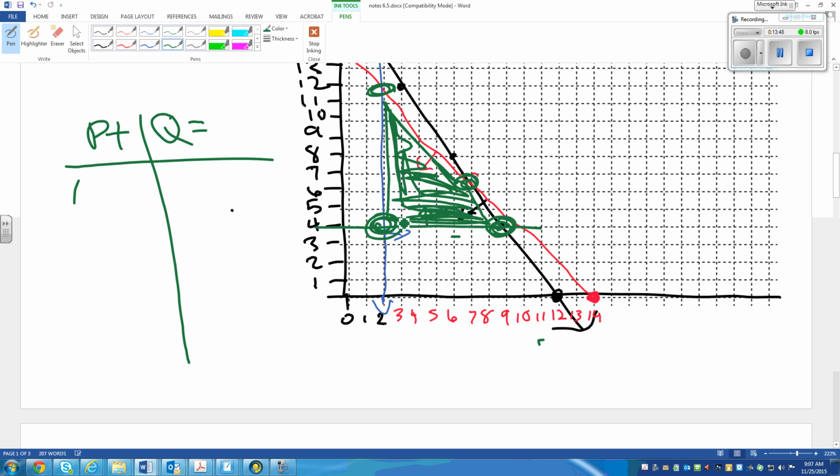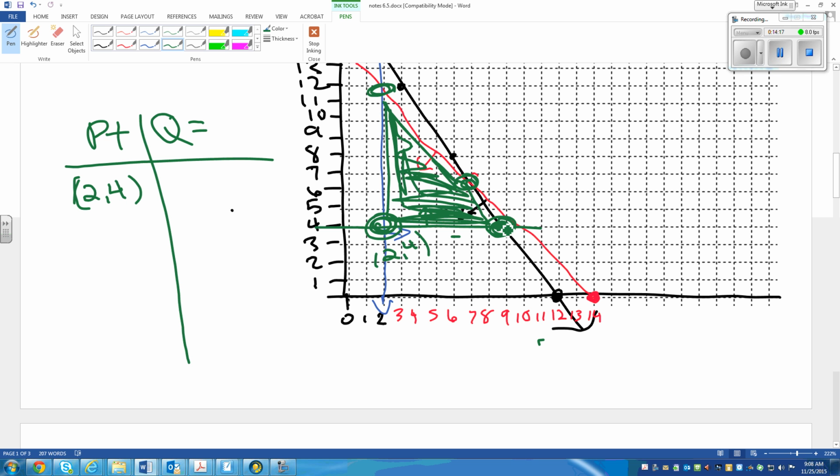What's this point? 2, 4, right? That point is 2, 4. Do we need to do anything to prove that point? No, because it's an x is equal to 2, a y is equal to 4. It's a straight line, horizontal, vertical line, both cases. No proof.